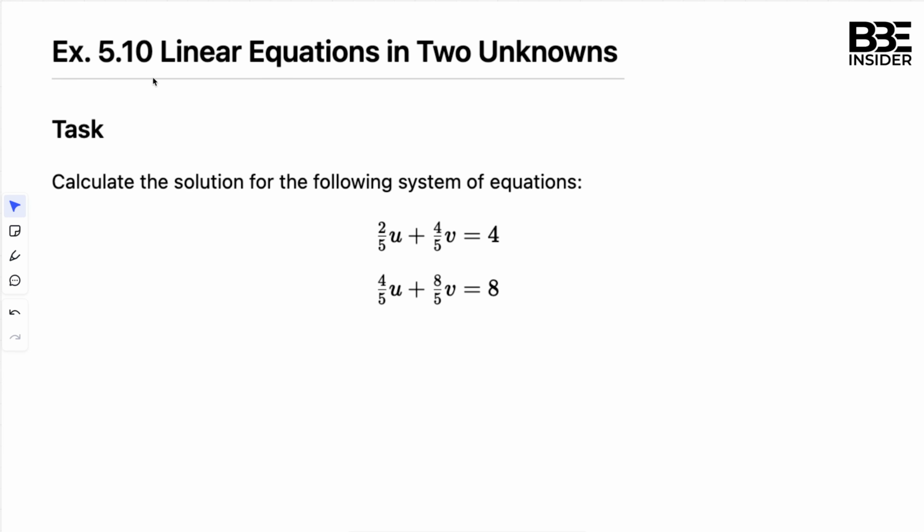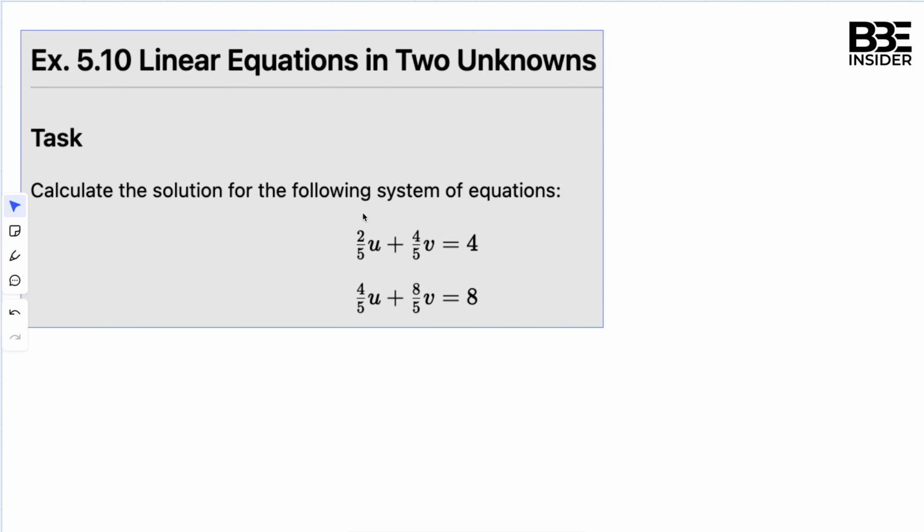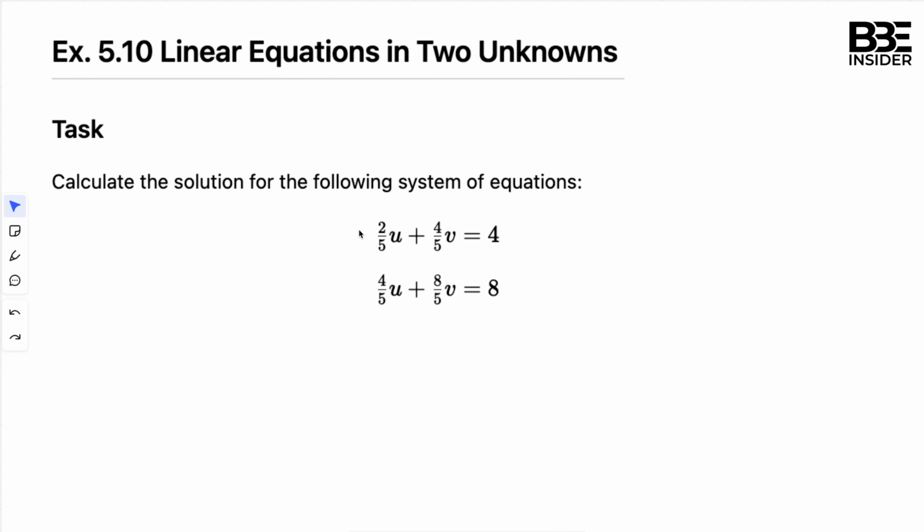In example 5.10, we once again have a special situation. When trying to calculate the solution for the following system of equations, after taking the very first step, the step of visual inspection, you will probably see a very interesting fact. Which one is it?